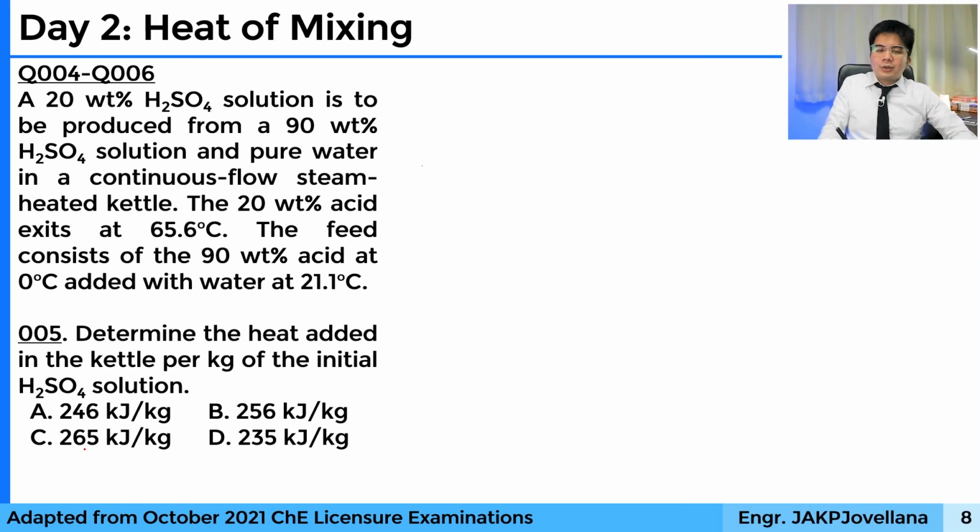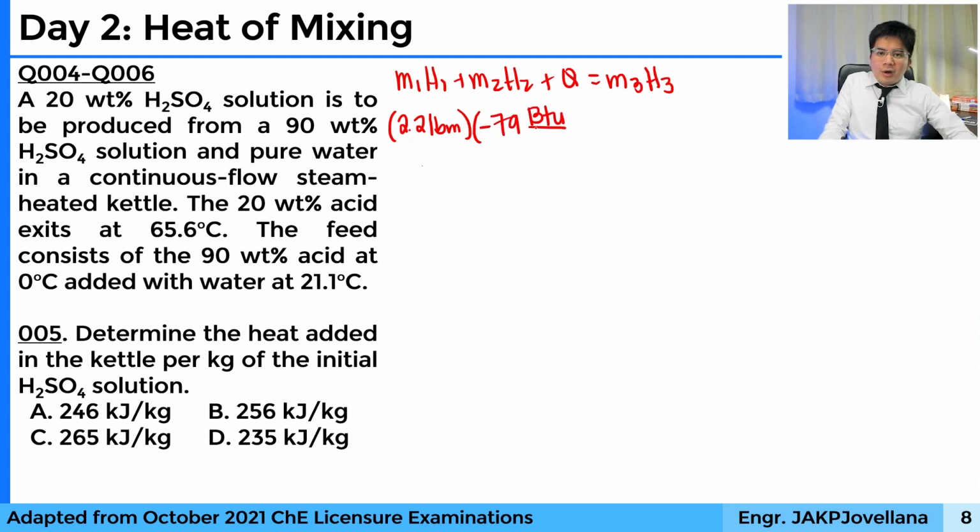We now go back to our energy balance. M1H1 plus M2H2 plus Q equals M3H3. So our M1 is the basis initial sulfuric acid solution of 1 kilogram or 2.2 pound mass. H1 is negative 79 BTU per pound mass. For the next term, M2H2. So M2, the amount of water, is 7.7 pound mass.